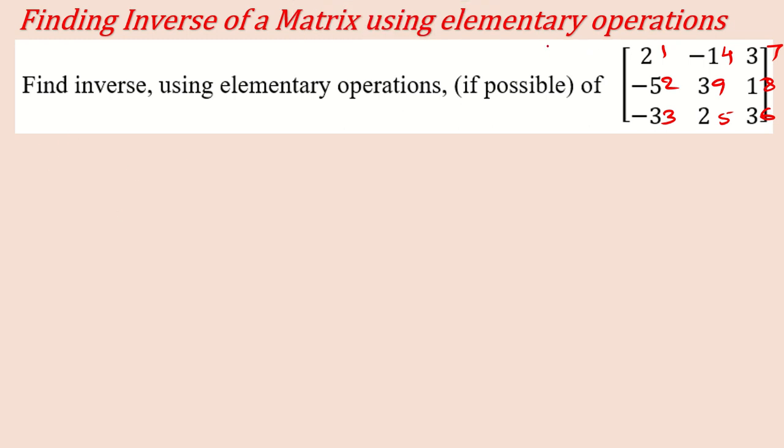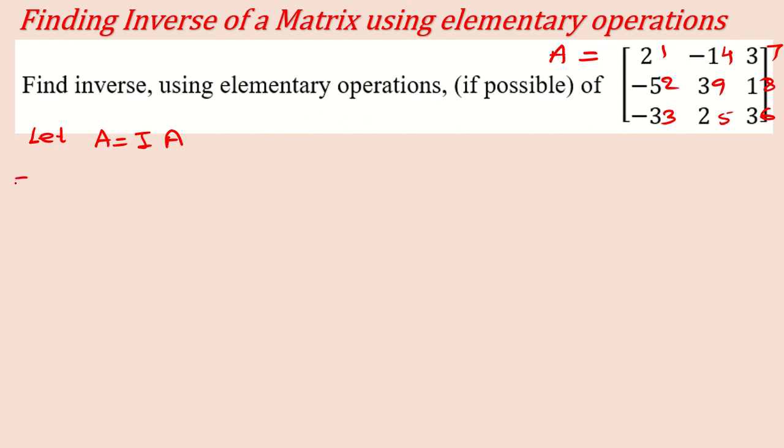Again I am taking it as A. A is equal to this matrix. So let A is equal to IA. Now here I would like to draw your attention to one more thing. Every time you can see I am writing IA. Why? Because I am applying row operations, but if you are applying column operations, then you will write A is equal to AI. Just remember it.